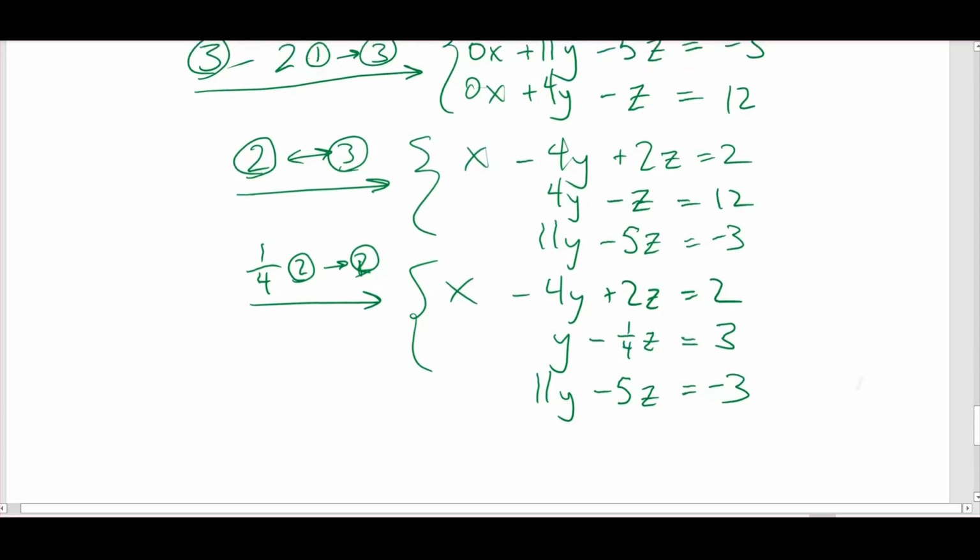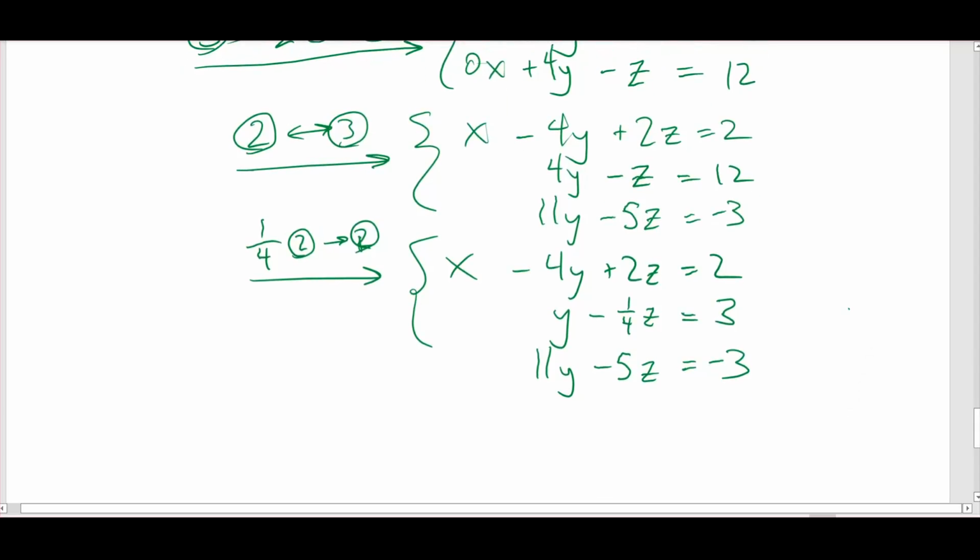And now we can just use this row to get rid of that y in this position. Okay, so let's do that. So we can take row 3, if we call that again 1, 2, 3.